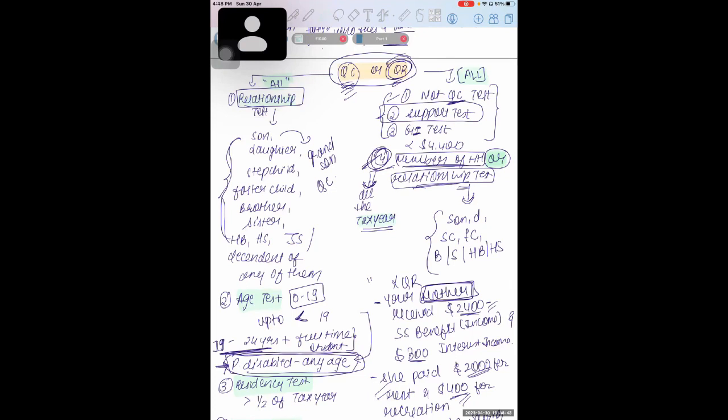Or else if the person is a relative, then you don't have to check whether he's living with you the whole year. Got it, guys? Only these three conditions are mandatory, and in the fourth condition we have two options, either the whole tax year or a relationship test. It's an "or". Now you got it, why you're wrong?